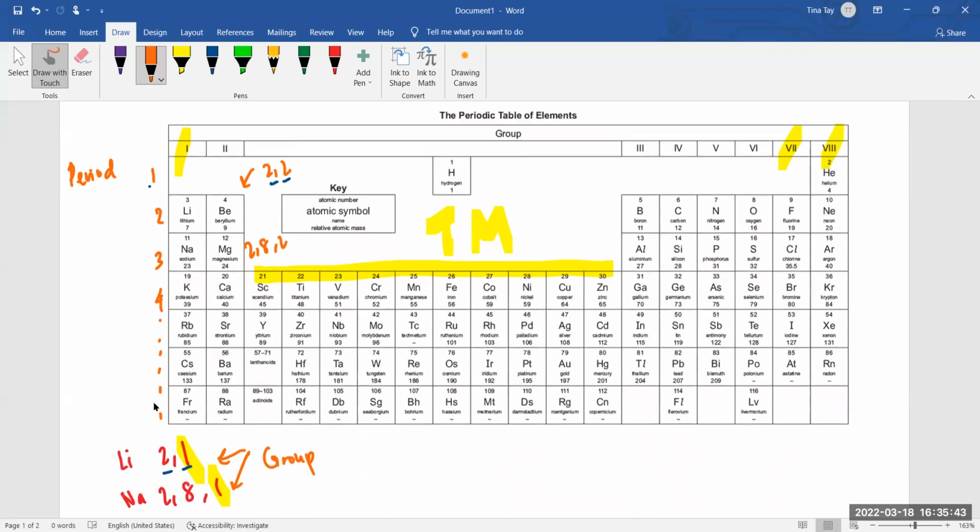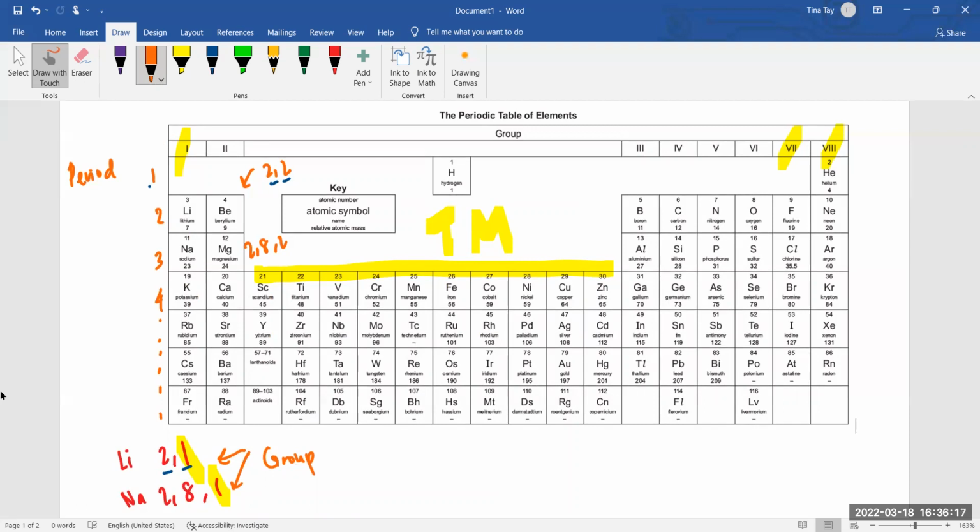Now, metals and non-metals. Everybody on the left-hand side is a metal. Everybody on the right-hand side is a non-metal.